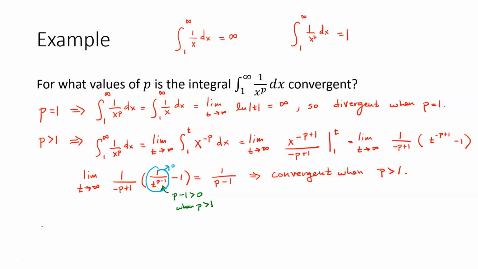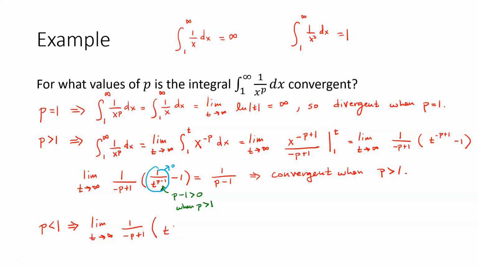Now let's think what would be different if p was less than 1. Well, the only thing that would be very different here would be this last step where we took the limit. We would get the same evaluation for the integral, but now the limit would come out to be different. In fact, here I'm not going to flip it over.